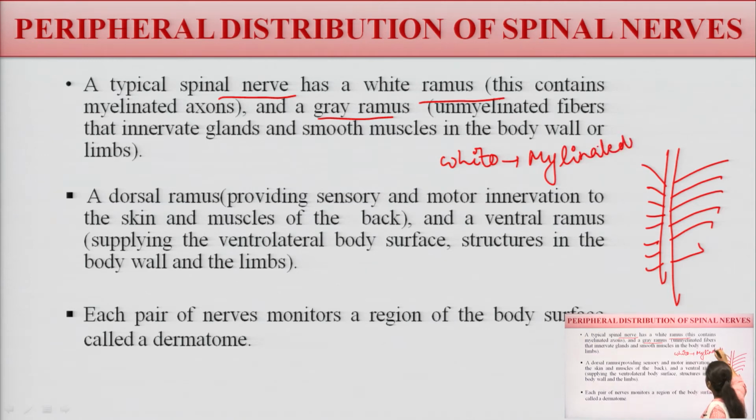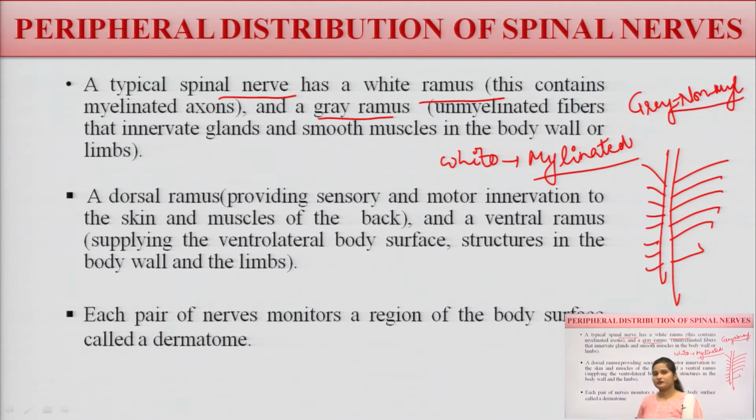Okay, and when it is grey, it is non-myelinated. Always remember this: white is always myelinated, and gray matter is always non-myelinated axons.